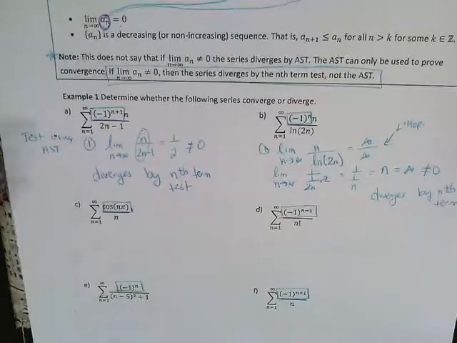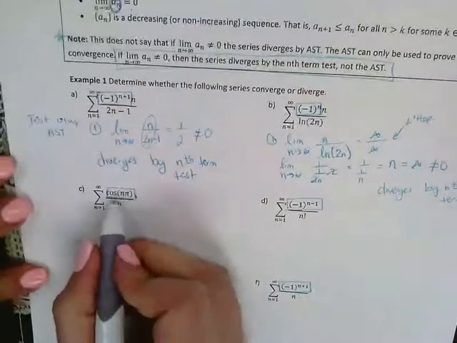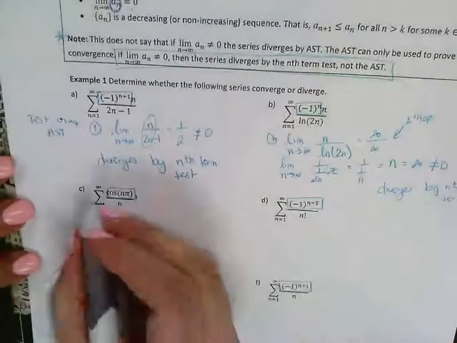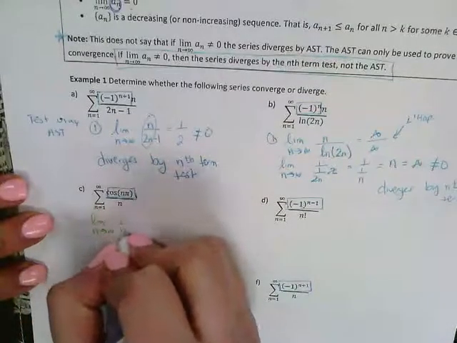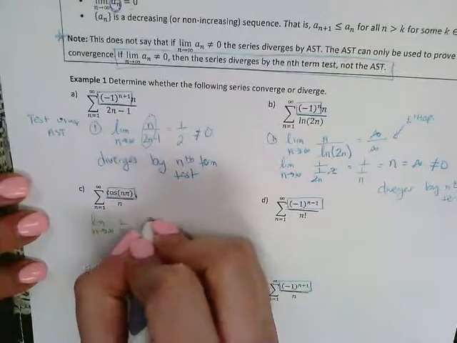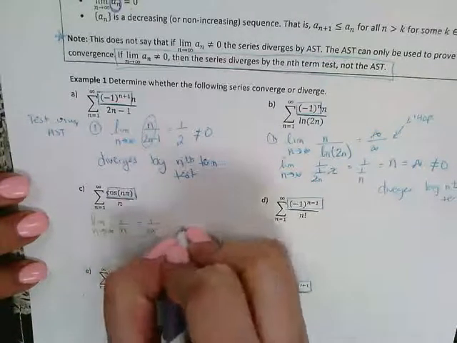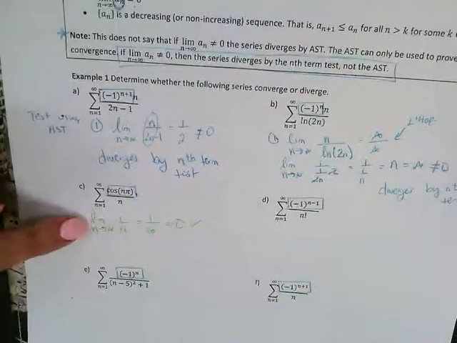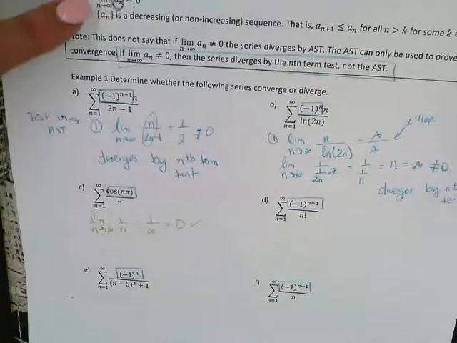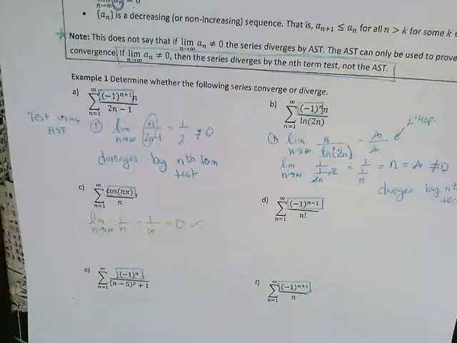Okay, next up, we've identified the alternating part, cosine. So this is just going to be the limit as n approaches infinity of 1 over n. And that's just going to be 1 over infinity, which is 0. So check. Okay, so check means that it satisfies the first part, that the limit as n approaches infinity does equal 0.